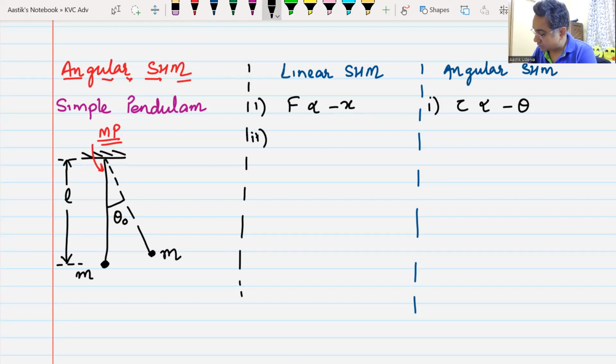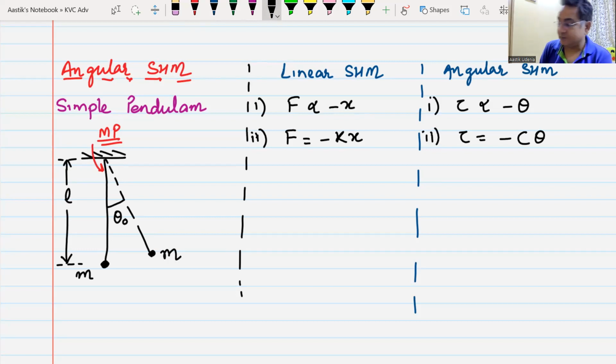Equation number 2. I can write force is equal to minus kx, where k becomes your force constant. Here you can write tau is equal to minus c theta, instead of k, because you cannot use k. The c becomes the torque constant, or sometimes we call it the torsional spring constant.